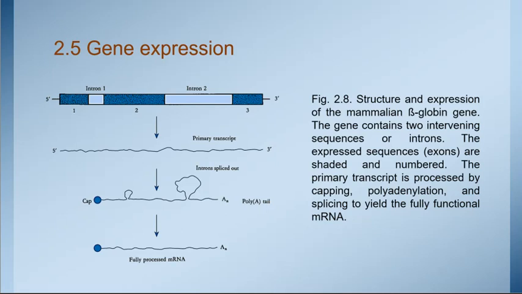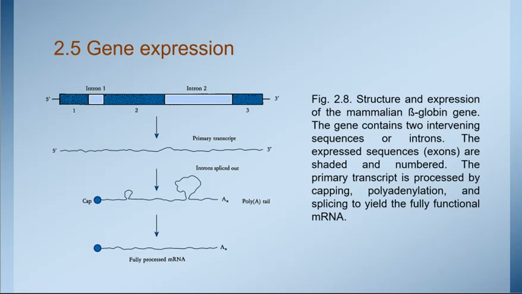Further intranuclear modification includes the addition of a cap at the 5' terminus and a tail of adenine residues at the 3' terminus. These modifications are part of what is known as RNA processing, and the end product is a fully functional mRNA that is ready for export to the cytoplasm for translation.